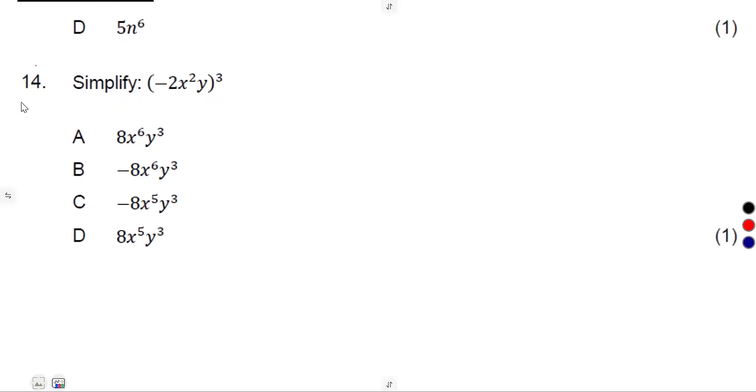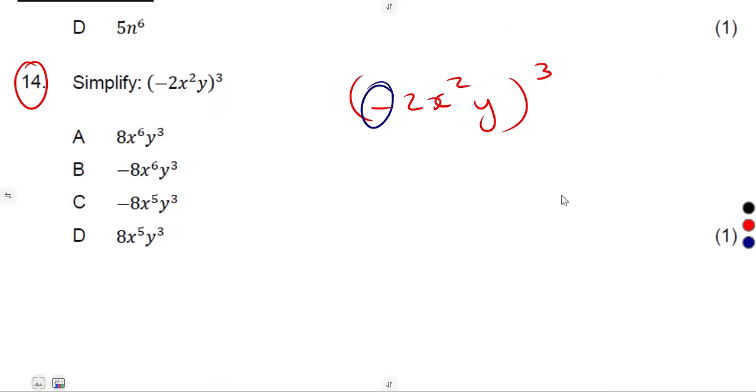14, simplify this: negative 2x squared y, all raised to the exponent of 3. Each and every term that we see here will be raised to the exponent of 3, including the negative. But remember, a negative, when raised to an odd exponent, remains a negative.